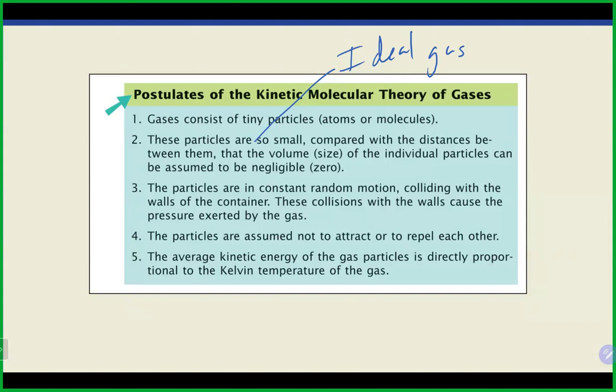Particles are in constant random motion. And as we talked about, it's the number of collisions that contribute to the pressure we associate with gases. The more collisions we have, the higher the pressure should be, and the fewer collisions we have, the lower the pressure should be as well. Number four here is the second thing that makes something an ideal gas.